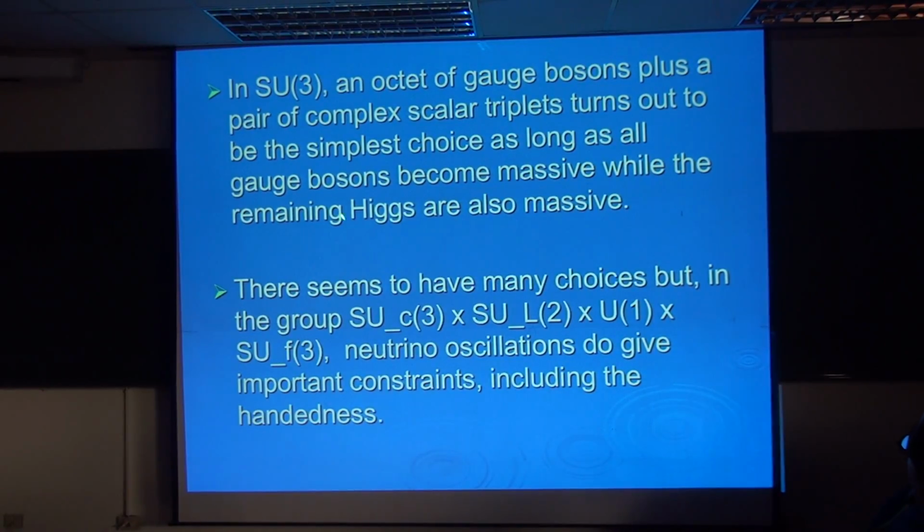In fact, you could see this. In SU(3), if you want your gauge bosons to be massive, you have to have at least a pair of complex scalar fields. This will have 12 real fields.